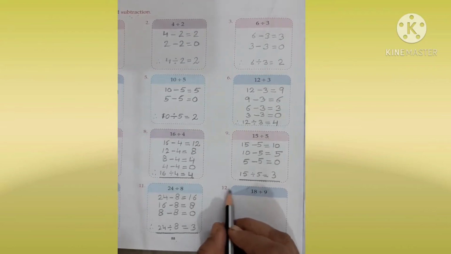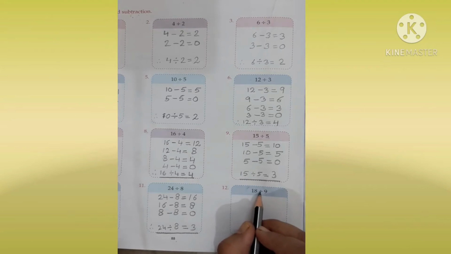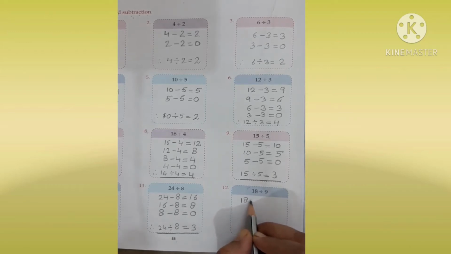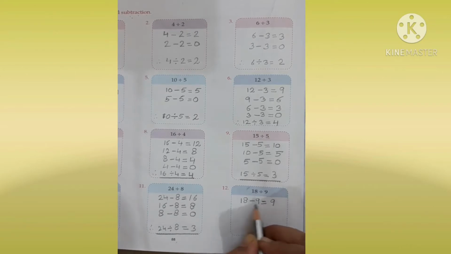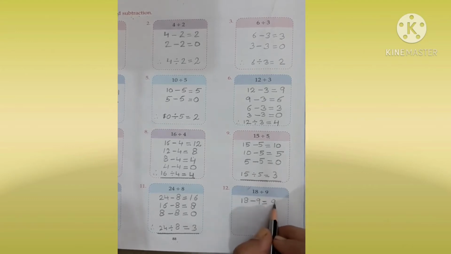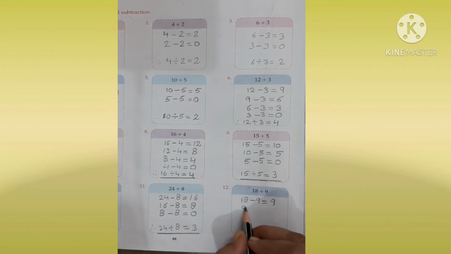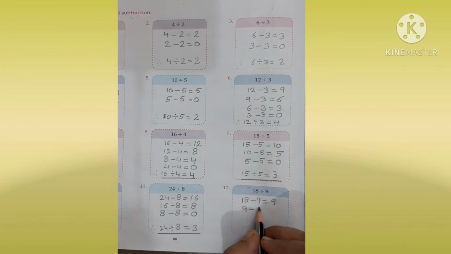12. 18 divided by 9. You have to divide here 18 by 9. So 18 minus 9 is equal to 9. When you minus 9 from 18, you will get 9. This 9 you write here and this 9 here.